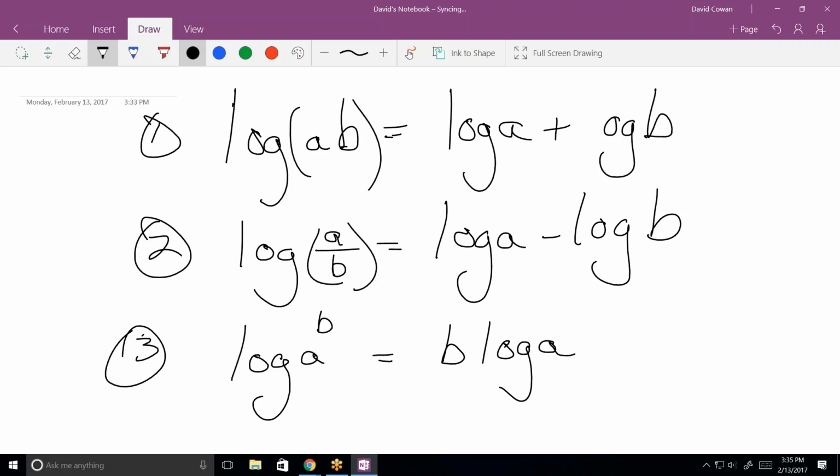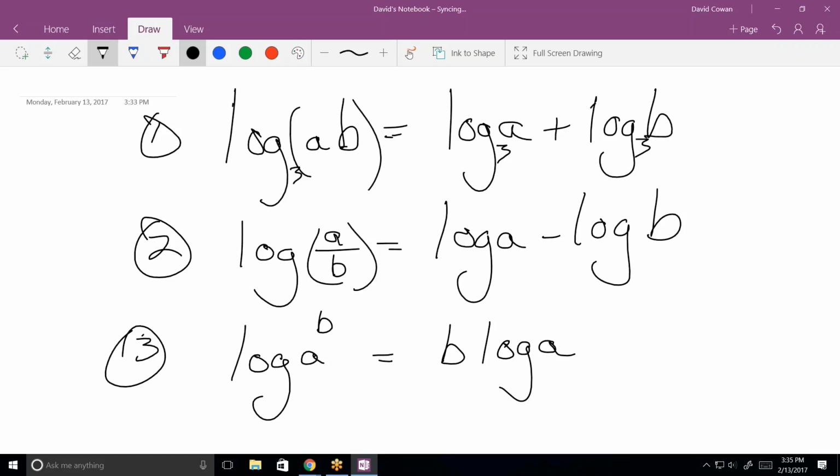In other words, I could have log base 3, and as long as I have log base 3 over here and here, then I'm fine. But I can't have log base 3 here and have one of these be log base 5. Okay. So let me give you a problem on this first rule.